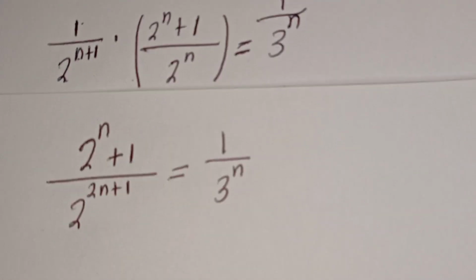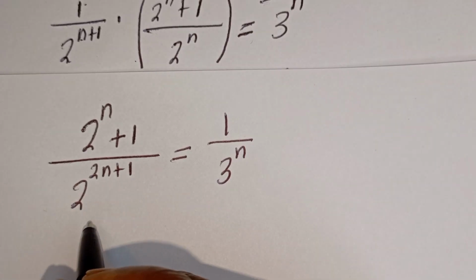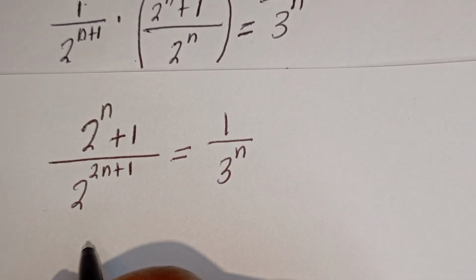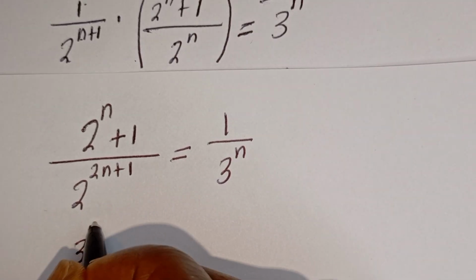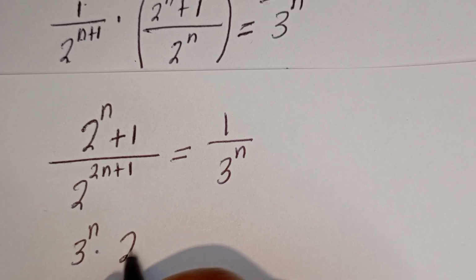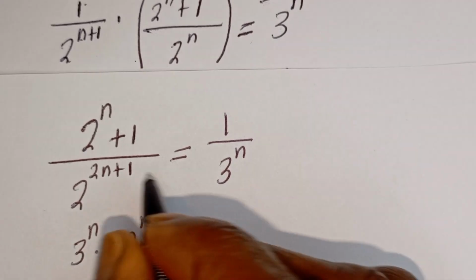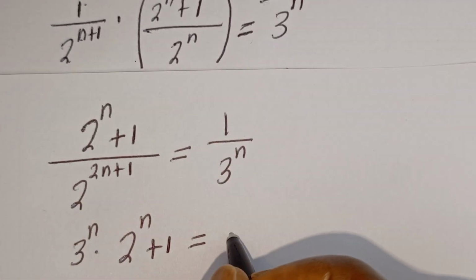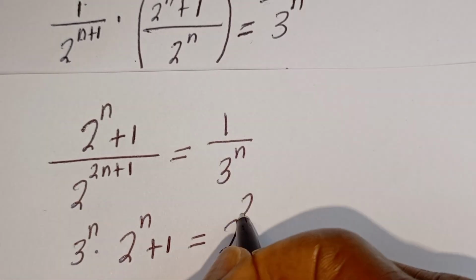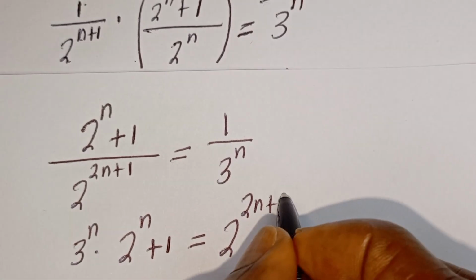Let's cross multiply. If you cross multiply, we have 3 to the power of n multiplied by 2 to the power of n plus 1 is equal to 2 to the power of 2n plus 1.